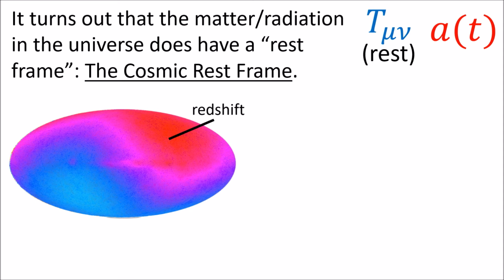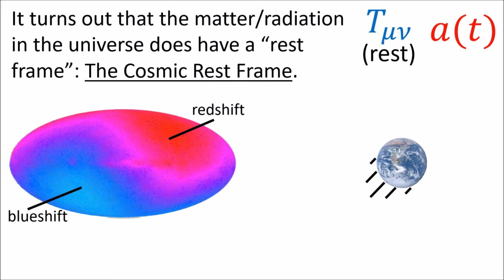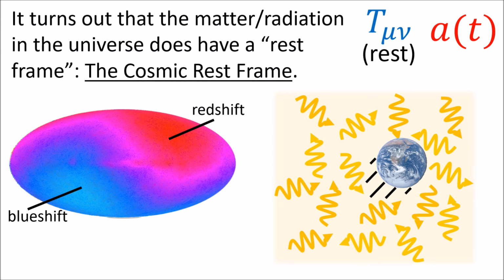In half of the sky, the CMB radiation will be more redshifted, and in the other half of the sky, the radiation will be more blue-shifted. Basically, since the Earth is traveling through an ocean of CMB radiation, the radiation will be more redshifted on the half of the sky that the Earth is traveling away from, and more blue-shifted on the half of the sky that the Earth is traveling toward.